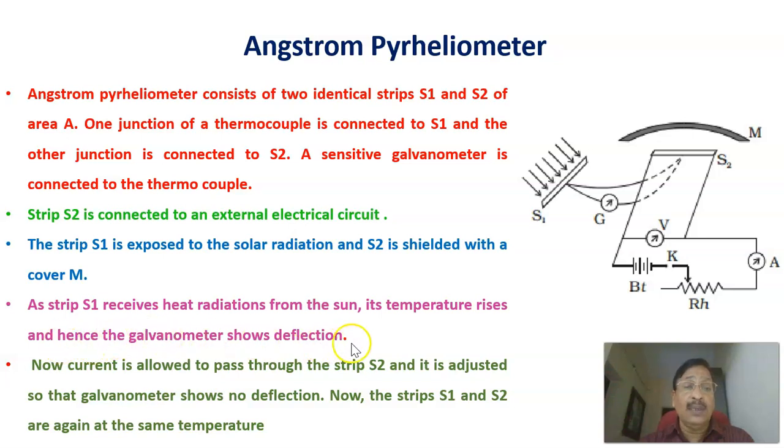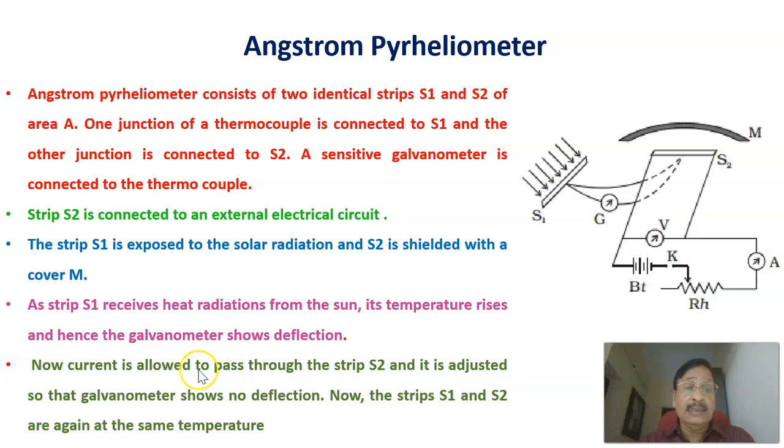Initially, when the solar radiation falls on S1, the temperature of the surface increases, there is a difference in temperature at the thermocouple, a voltage is developed, and the galvanometer shows a deflection.